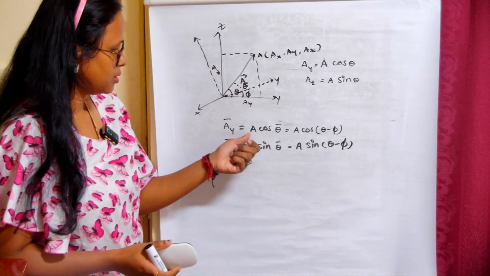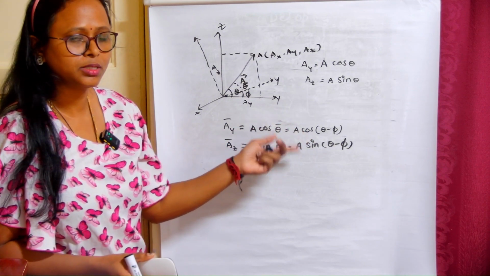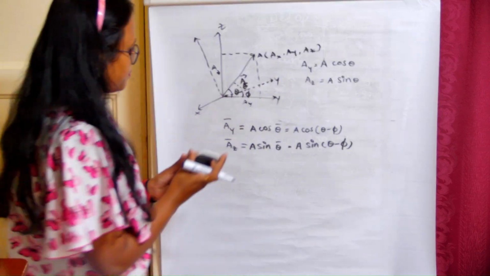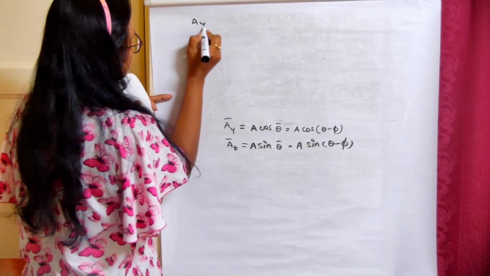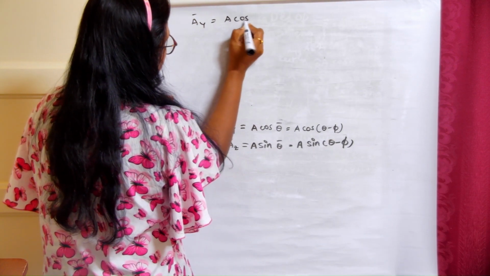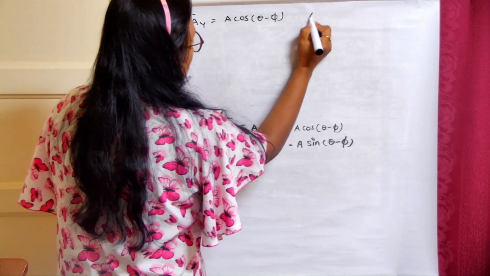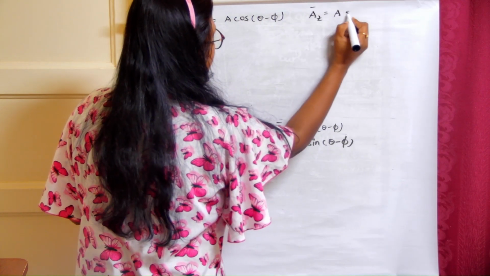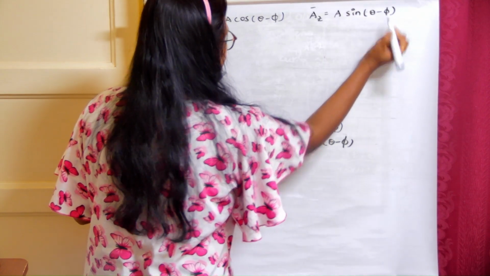So now let us completely define them. Let us split this term and see how the end result can be linked with the old coordinates. So we have Ay bar as A cos of theta minus phi and Az bar as A sin of theta minus phi.